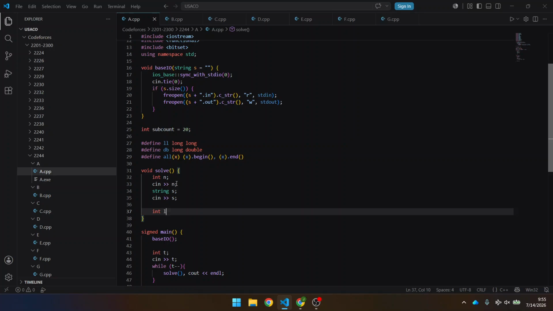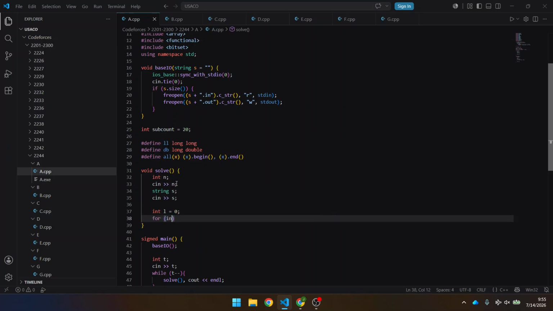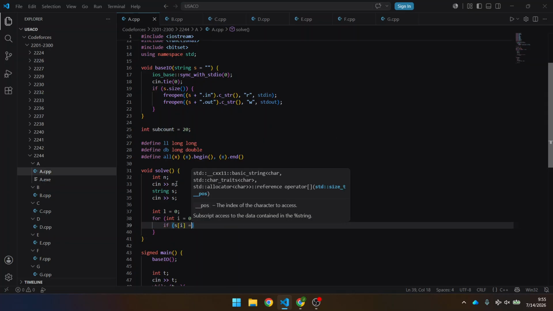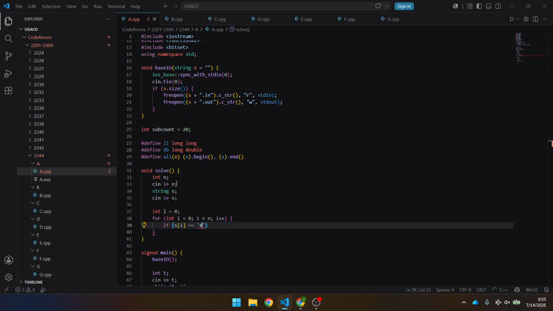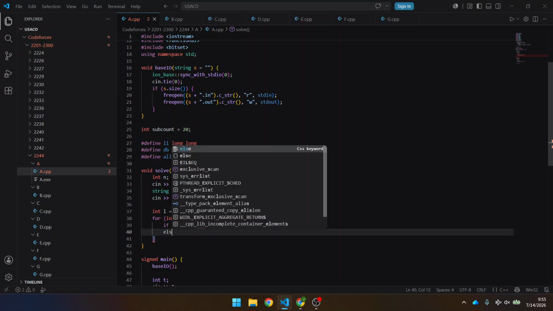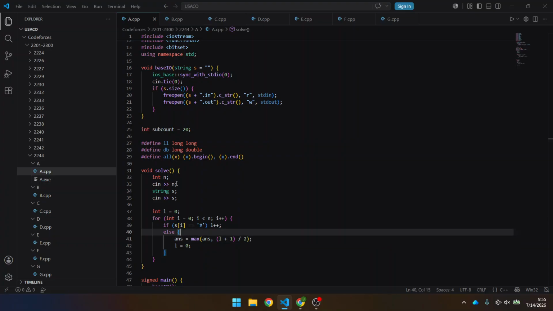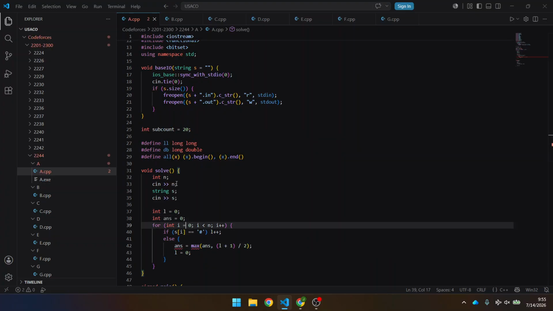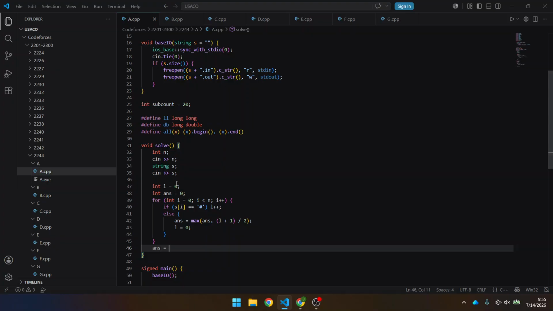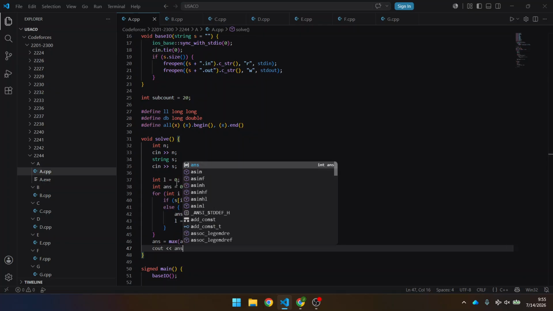So int L is 0, int I is 0, like that. If S[i] is equal to this, L plus plus, else L is equal to 0. Ans equals max of ans and (L plus 1) divided by 2. Int ans is 0, ans equals max ans, (L plus 1) divided by 2, output ans.